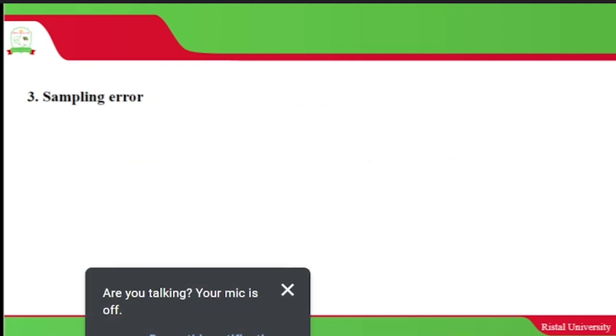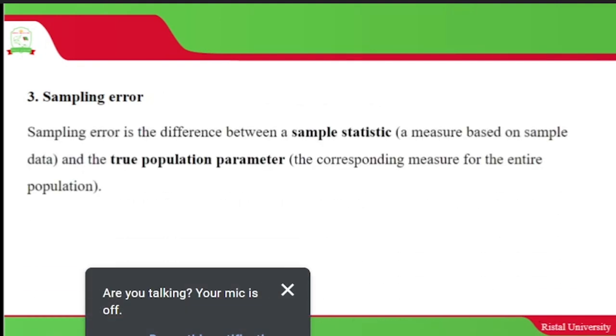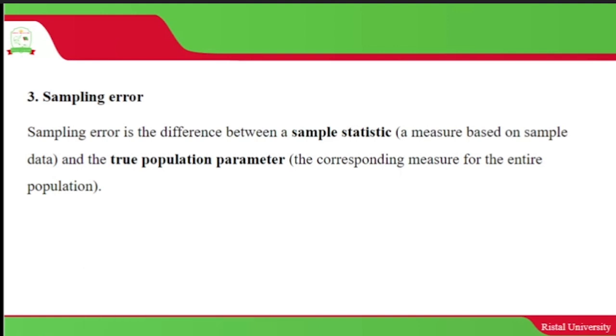Okay. So thirdly, let's look at the sampling error, which gives the difference between a sample statistic, usually known as a measure based on sampled data, and the true population parameter, which corresponds to the measure of the entire population.